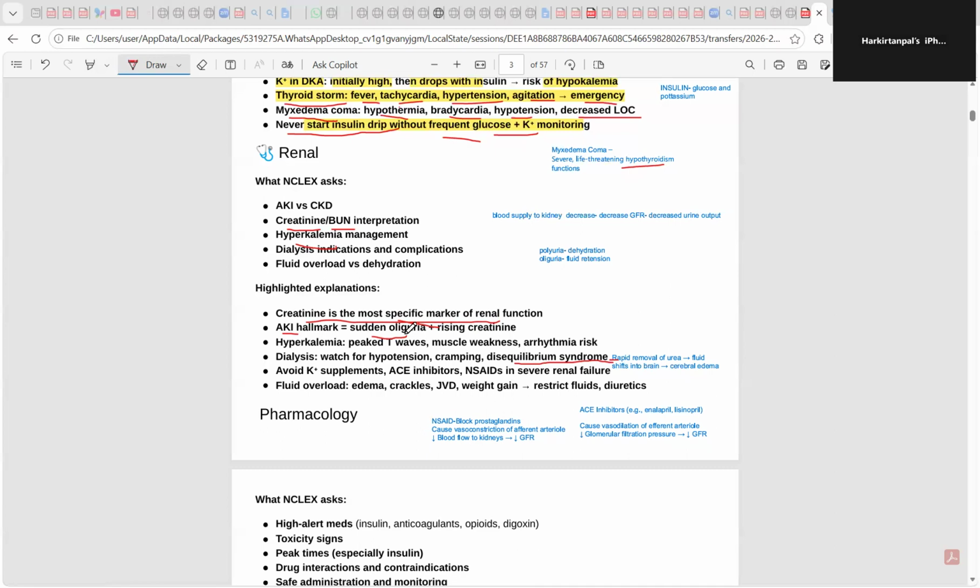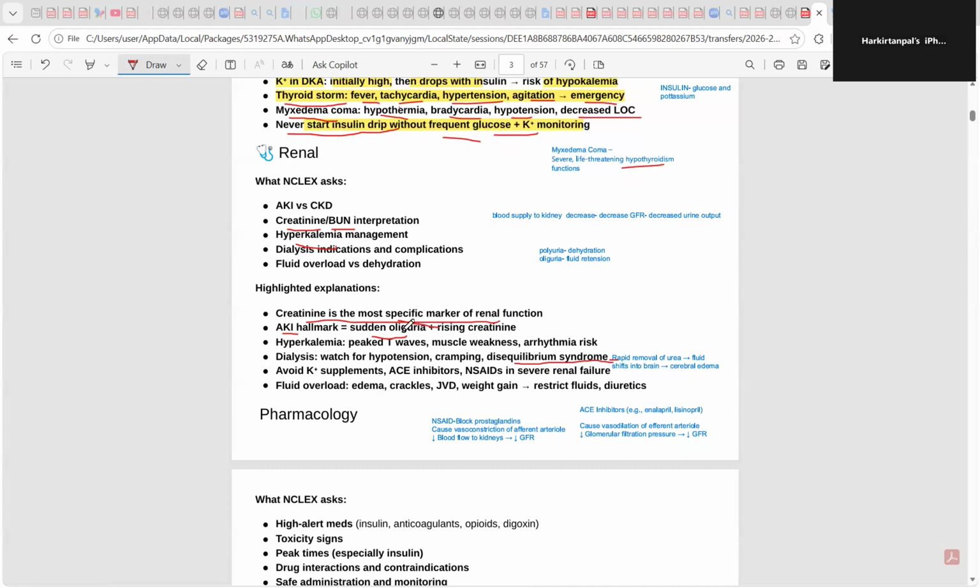For example, as I said previously, the client has undergone surgery, and during the post-operative period, while monitoring the urine output, we notice that there is a decreased urine output. What is it indicating? It indicates acute kidney injury. The hallmark signs of acute kidney injury are sudden oliguria plus rising creatinine.